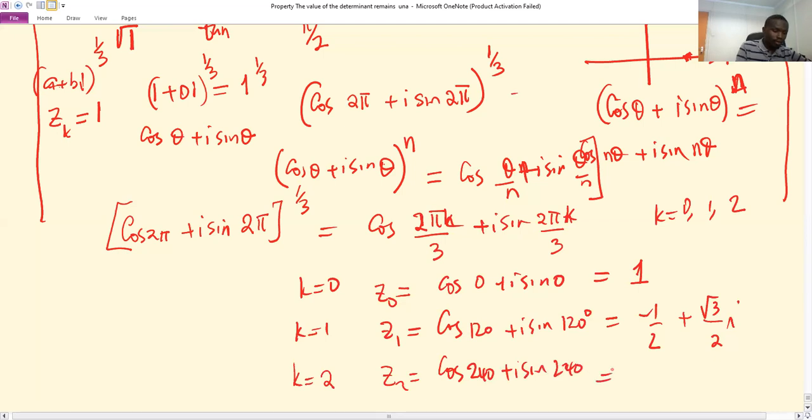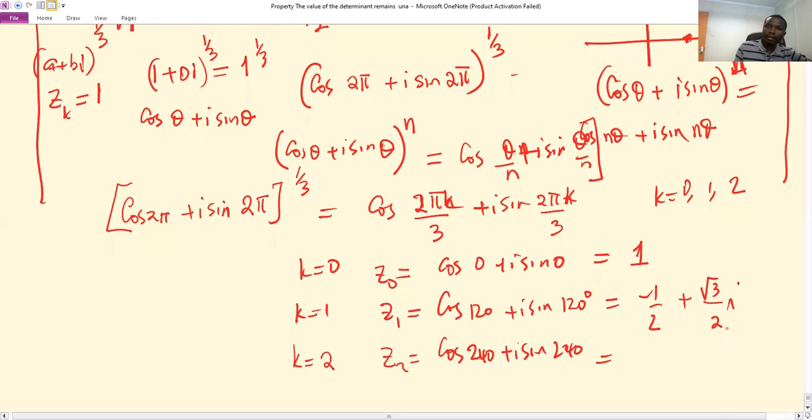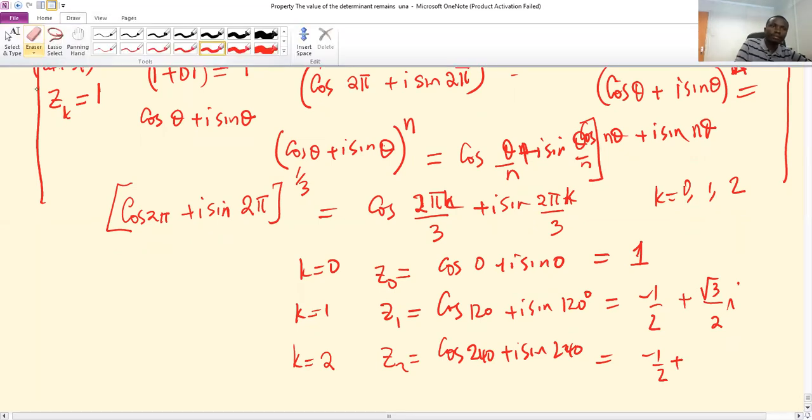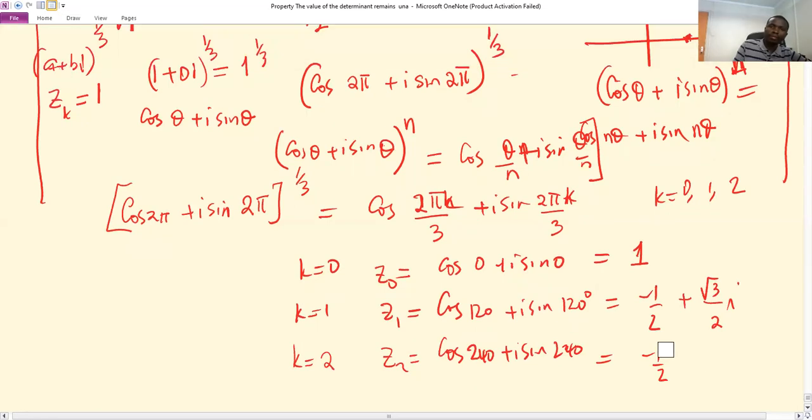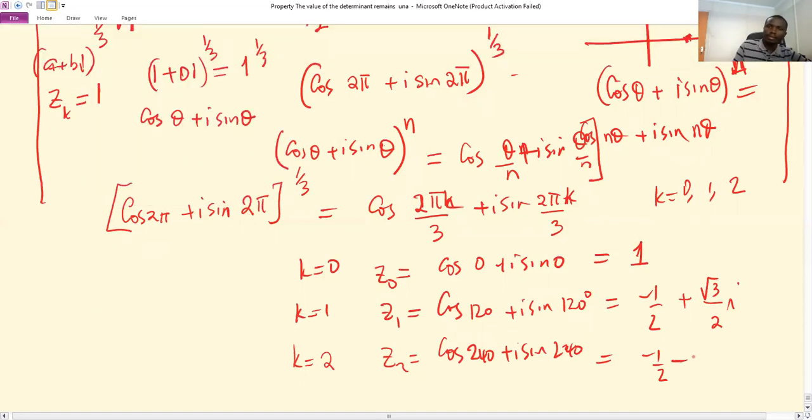So cosine of 240 is negative a half, and sine of 240 is negative root 3 over 2, so negative root 3 over 2 i.